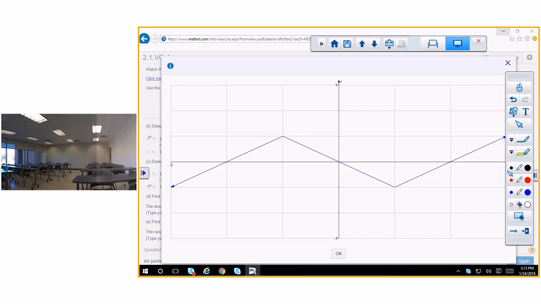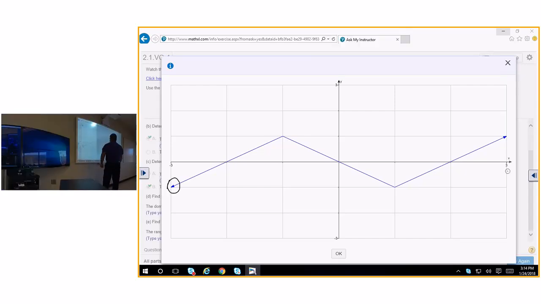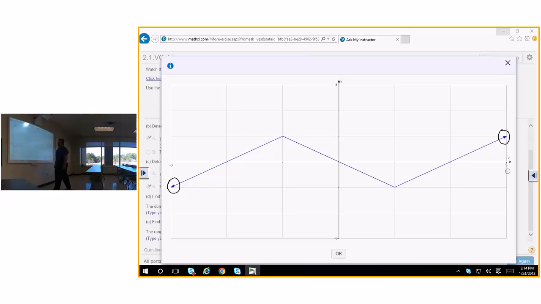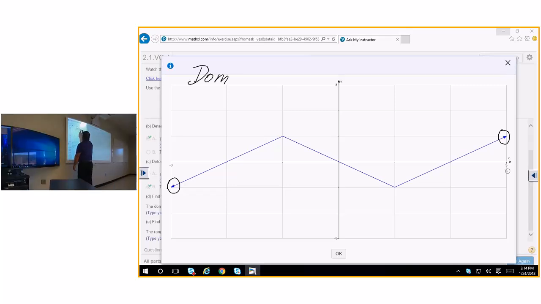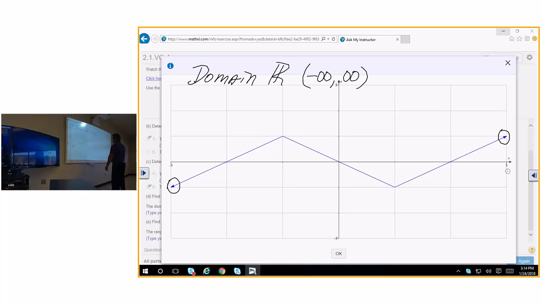Domain. First thing you say is what's here and what's here. If you see arrows on the ends as far as the x values, you're talking about all real numbers. So your domain is all real numbers, or negative infinity to positive infinity. Range.